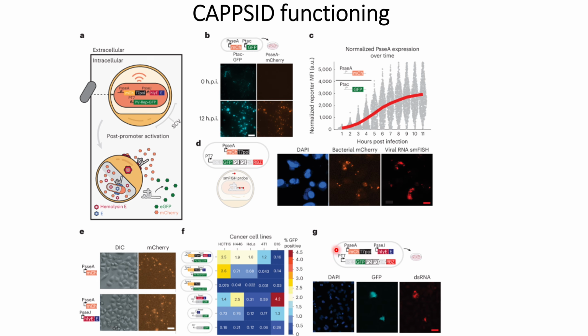Next, they wanted to check their system in the actual cells, in vitro cells. So what they did is they transduced this polymerase with the PSSE promoter, and this polymerase and these lytic proteins also with PSSE promoters, and once this promoter is able to form the polymerase, they are able to form this GFP and RBC.